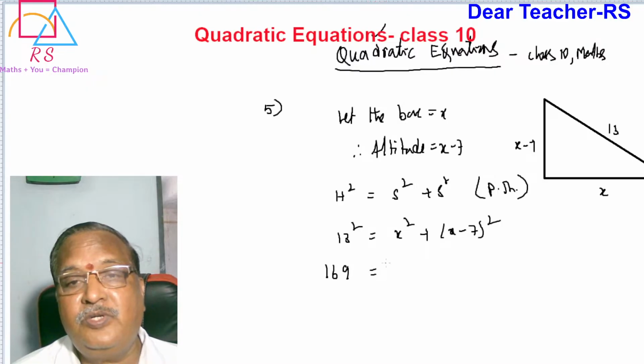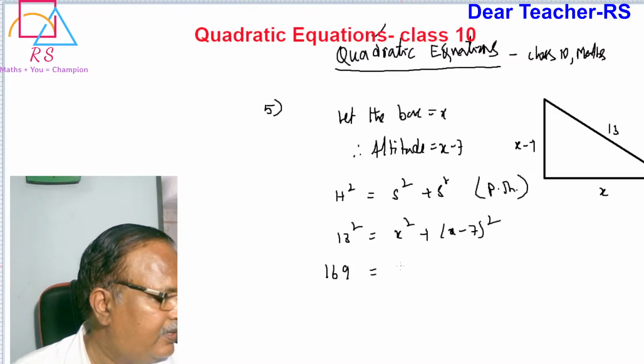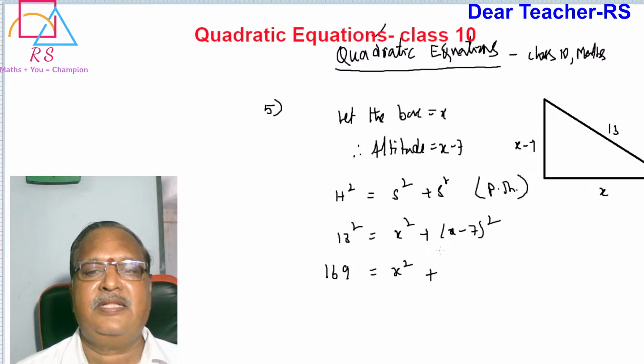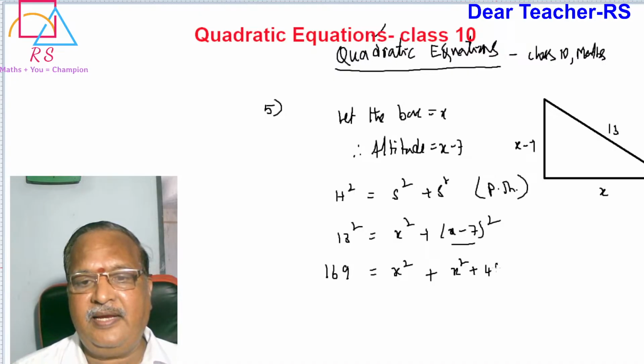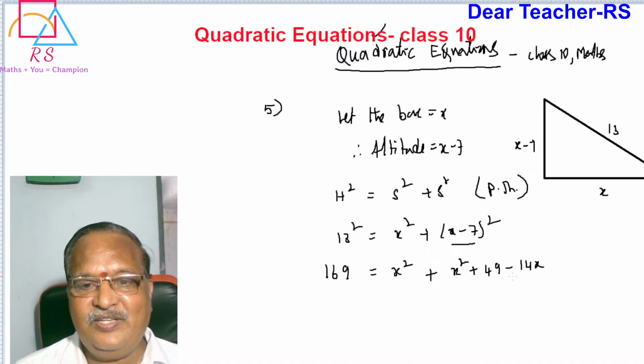You have to learn to bring it to the standard form also. Very, very important. Okay, you must bring this to the standard form. To do this, you have to do a lot of problems. Now x minus 7 whole square is x square plus 49 minus 14x. I am writing directly. So now you have to bring it to the standard form.